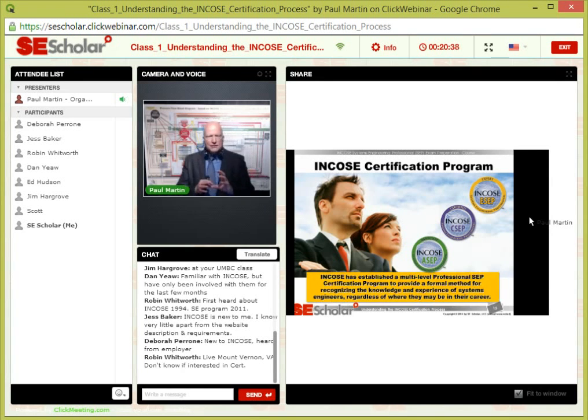Basically what they were trying to do is establish this multi-level professional systems engineering certification program, which provides a formal method that recognizes your knowledge and experience as engineers, regardless of where they are in their career. So that's why, if you notice down here, we start with the ASEP, then the CSEP, and then the ESEP.